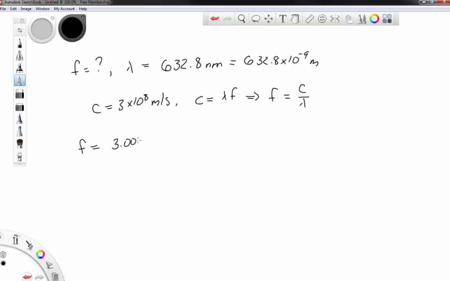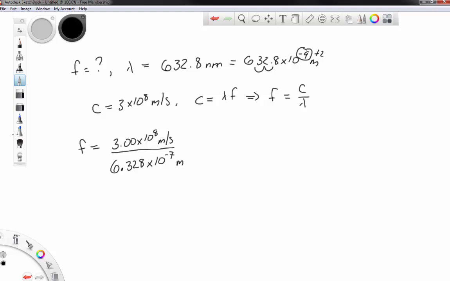So the frequency of this light should be 3 times 10 to the 8 meters per second divided by 6.328 times 10 to the minus 7 meters, where I have taken this number that we got up here and basically moved the decimal over 2 spaces by taking this power and adding 2 to it.